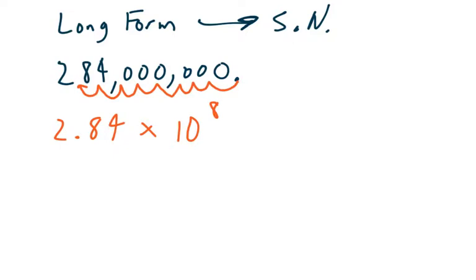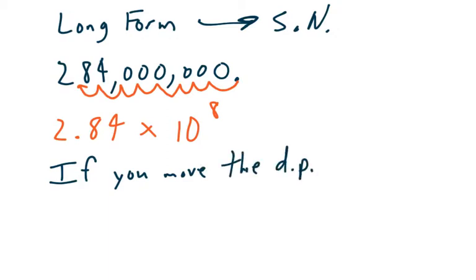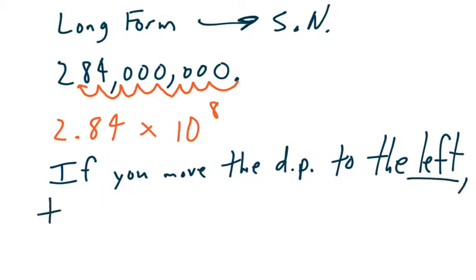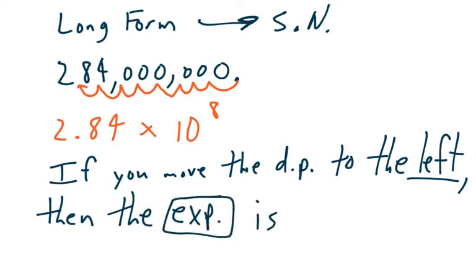When you're going from long form to scientific notation, if you move the decimal point to the left, which is what we did here, then the exponent is going to be positive. Notice it's a positive 8. So when you move the decimal point to the left, the exponent will be positive.